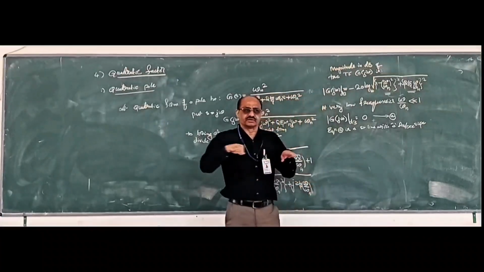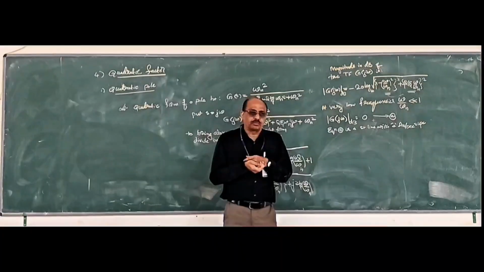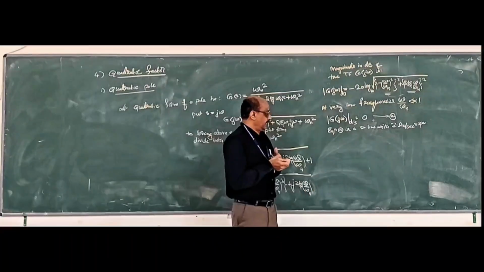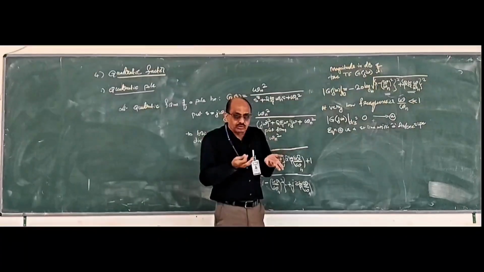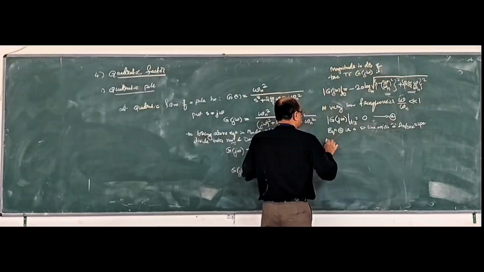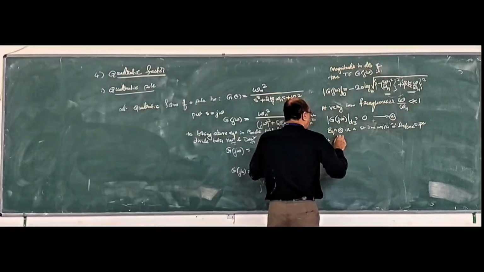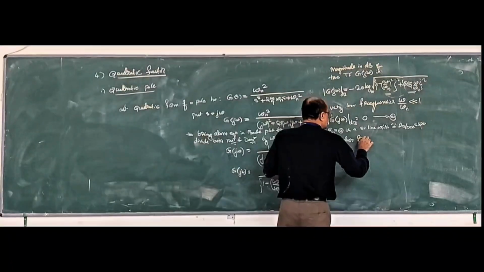It's a straight line with 0 dB, so in terms of slope also it is 0 dB per decade. Now at higher frequency I get one more condition, one more line.